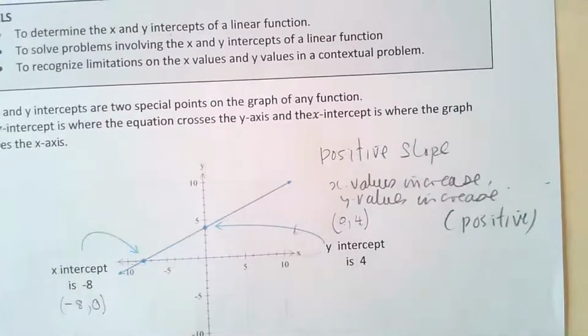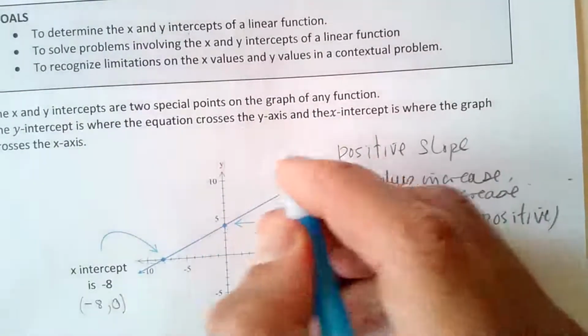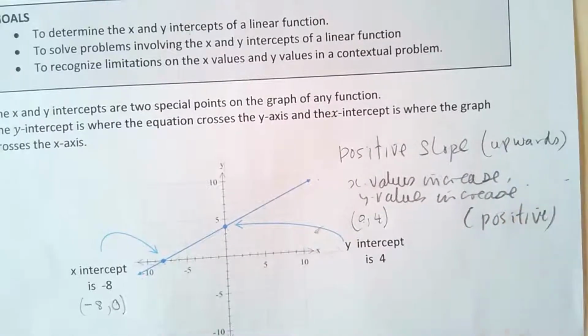We say the slope is positive because it's going upwards.